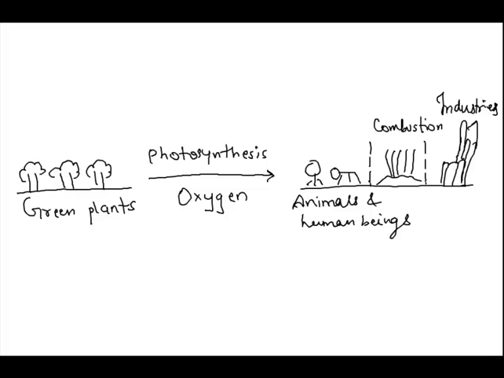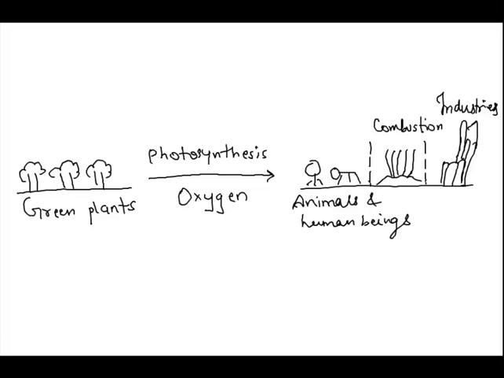So now you can imagine that green plants release oxygen by the process of photosynthesis, and this oxygen is consumed by animals and human beings. Oxygen is also very helpful when it comes in contact with air.